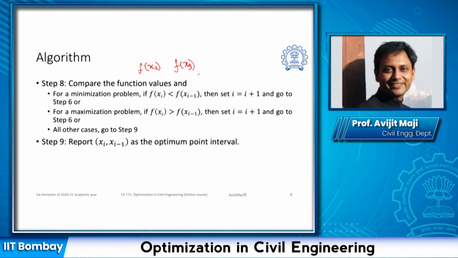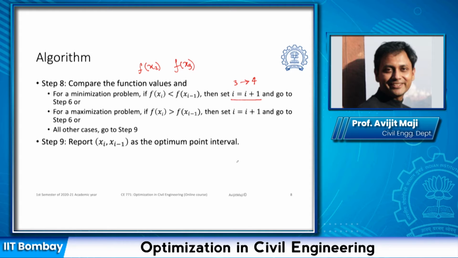f(x3). So we are comparing between these two, and as I said in step 5, if it is a minimization problem and we find that the direction we are moving is still good, which means my function value at the new point is lesser than the previous point, then we should increase our iteration number, means we are increasing our I value from 3 to 4, and then again go back to step 6 where we'll be in iteration number 3.